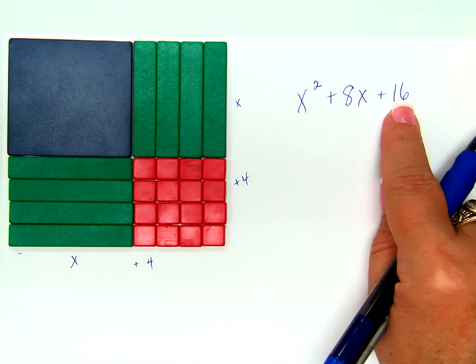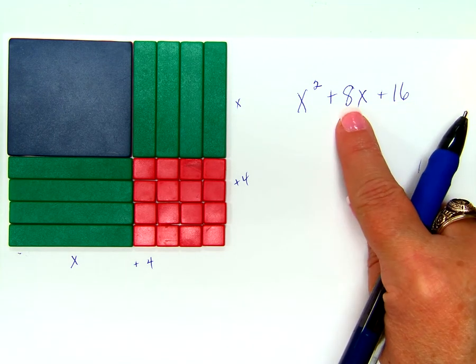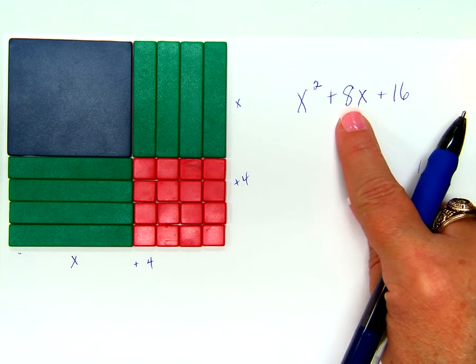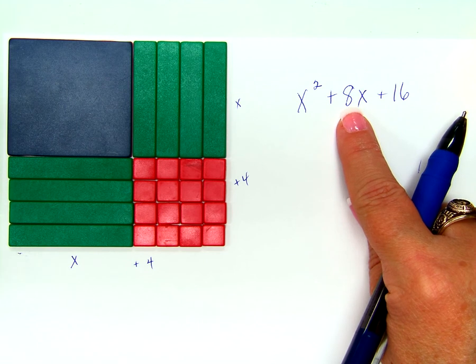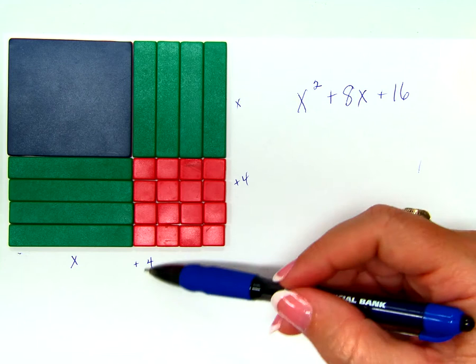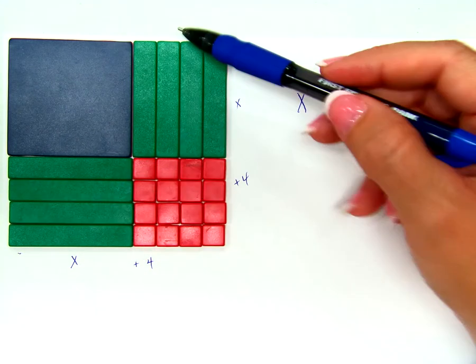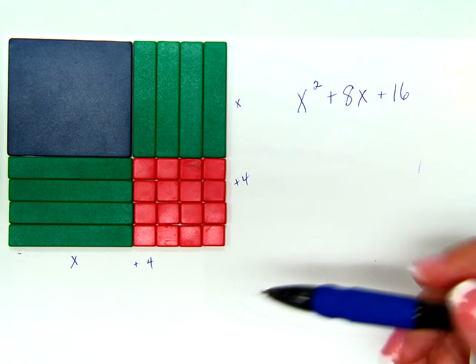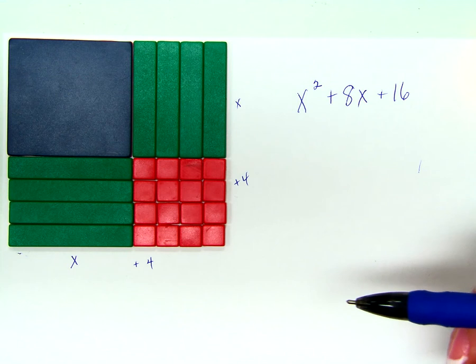What multiplies to be 16 and adds to be 8? 4 and 4? Yeah. Oh, look at this. 4 and 4 and 4 and 4. Is that important? Okay, super important, right?